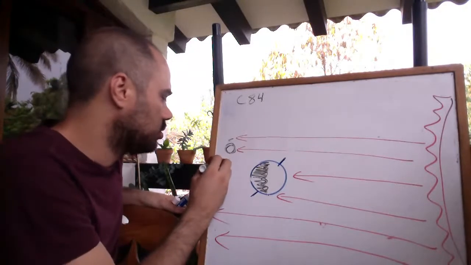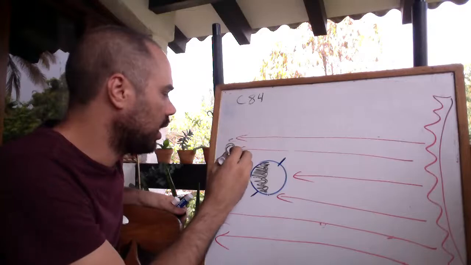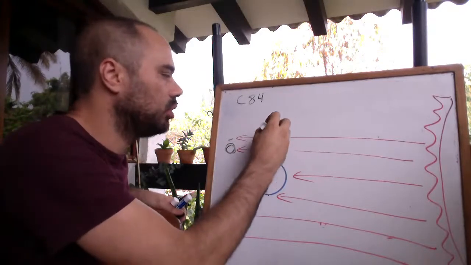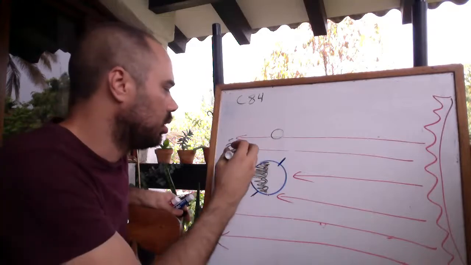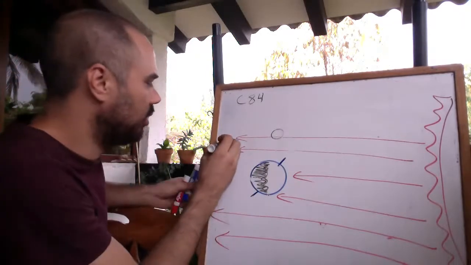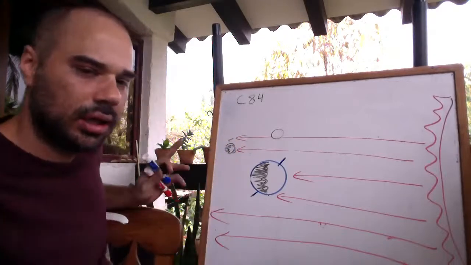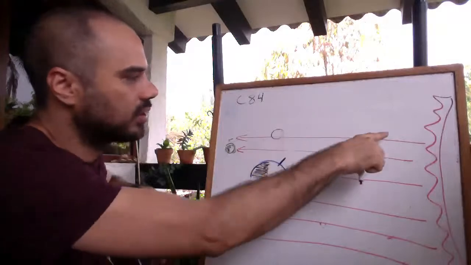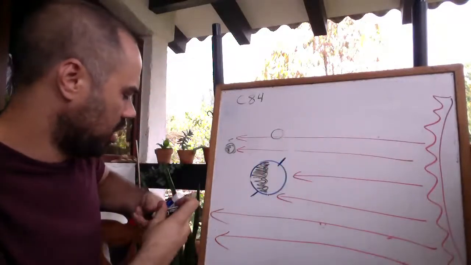Okay? So we have to look at the moon completely. But what happens when the moon is over here? Well, on this side, the moon also has day and night. It also has a dark side and a light side. Okay? So how is it going to be over here?